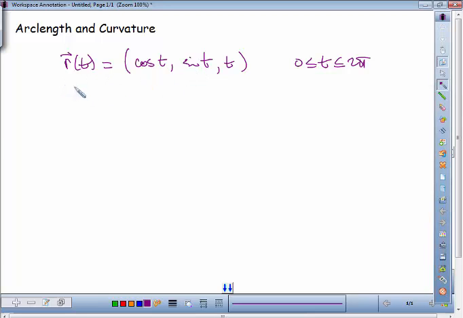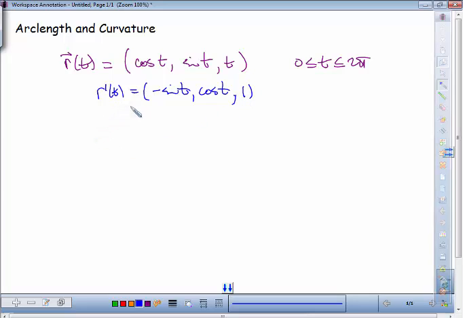So this is a helix, and for us to find the arc length, what do we want to do? We want to take the derivative, which is negative sine t, cosine t, and 1.